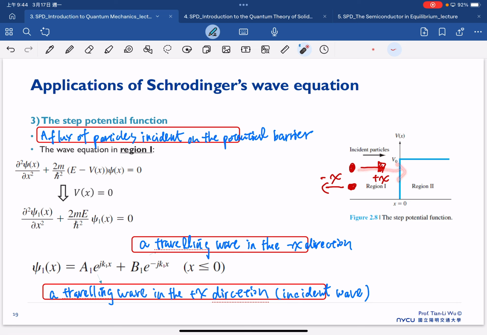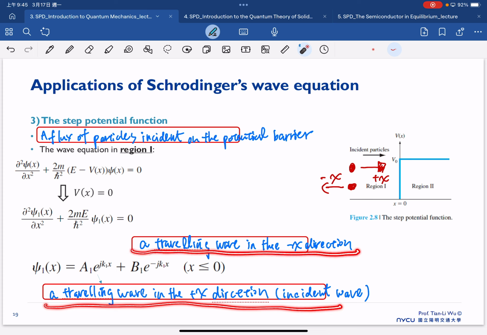Your particle will move to the right, or the particle can be moved to the left as well. But now we have more confidence in our speculation, because we have a very solid equation to prove it. So in region 1, there is a wave to the right and a wave to the left as well.